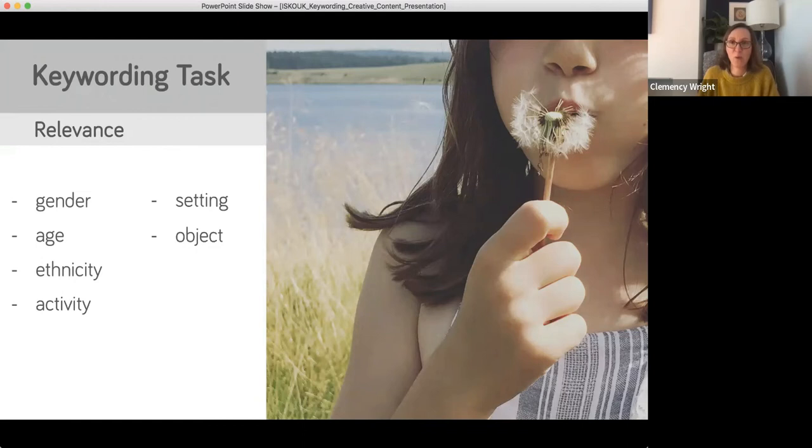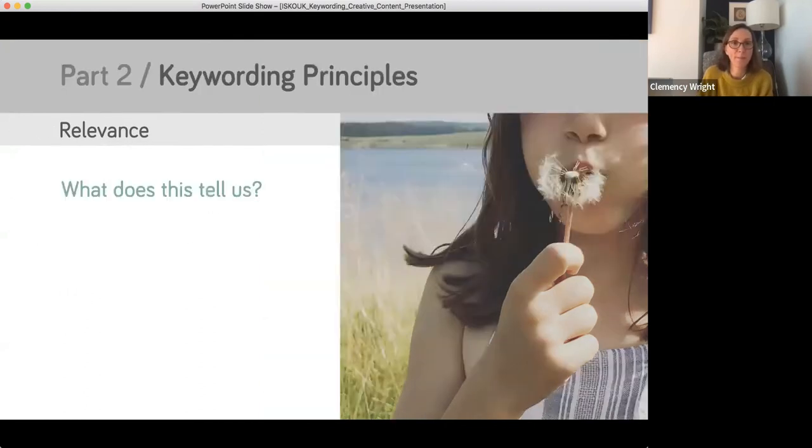Do we all know what this object is that the child is holding, and do we all agree on what the language for that would be? And is there a concept, or are there any other themes or ideas or emotions that spring to mind when you look at this image? Because if I was to ask all of you to go away and keyword this image, I'm pretty sure that we'd all get a lot of variety and a lot of different responses coming back.